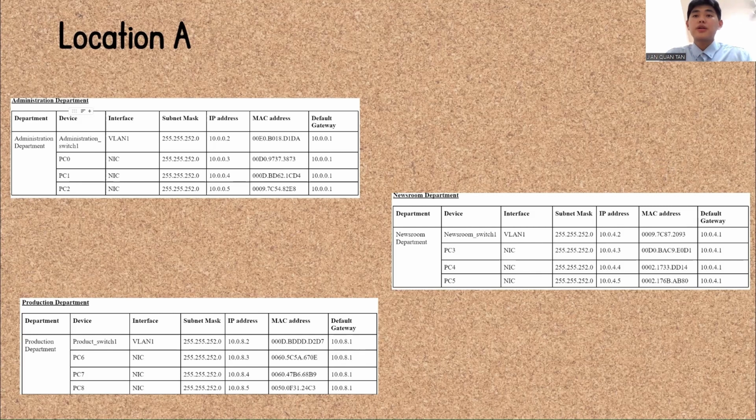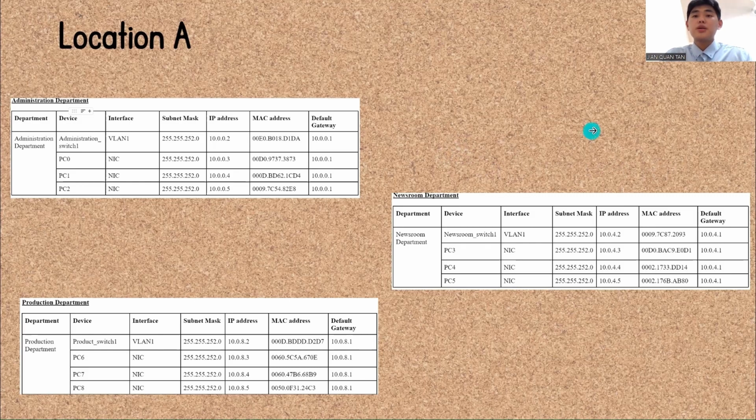We assign the valid IP address 10.0.0.2 to it, with the default gateway set as 10.0.0.1. For the end devices, we have PC0, PC1, and PC2. All have the same NIC interface and subnet mask. Each of them is assigned a valid IP address within the range, starting from 10.0.0.3 and incrementing by 1.